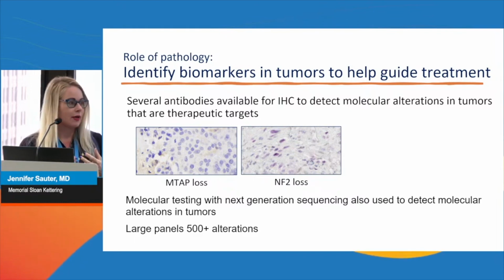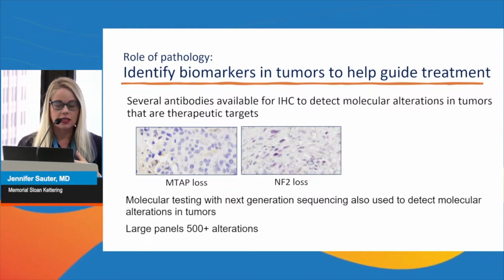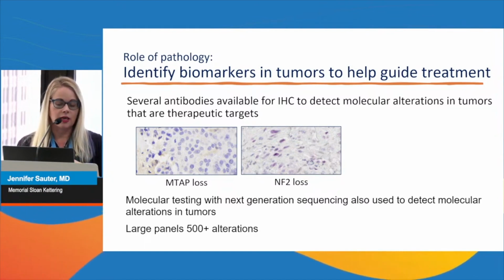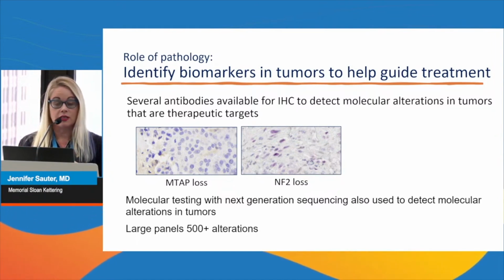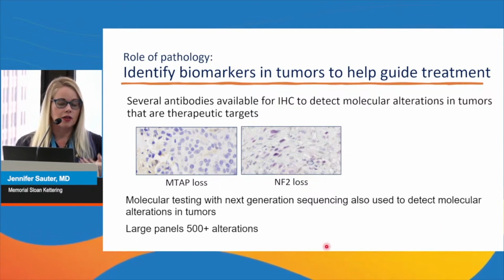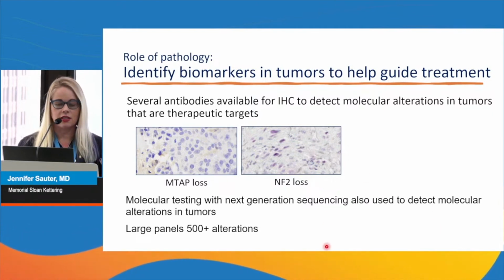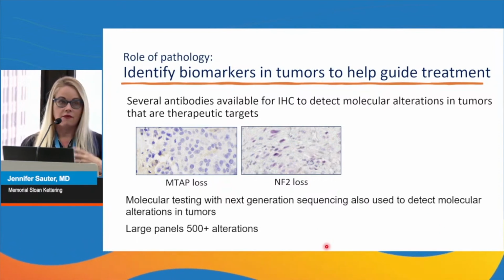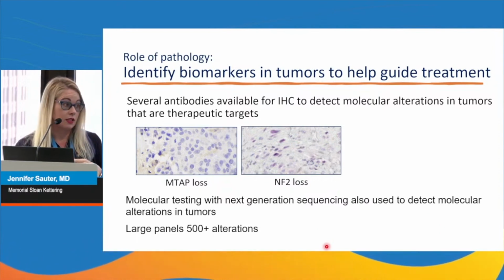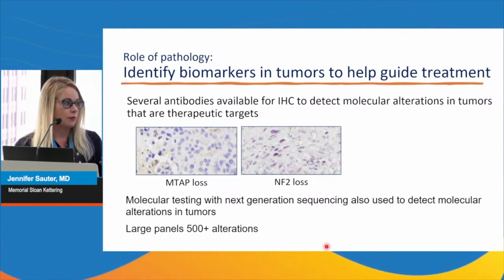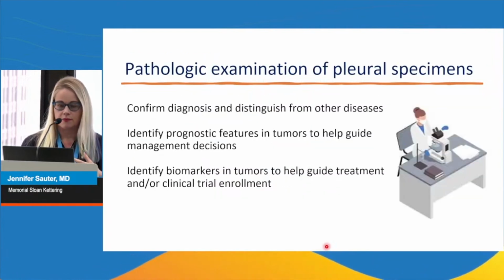So both MTAP and NF2 are potential therapeutic targets, so we can potentially help identify tumors that might respond to those treatments, both with immunohistochemistry, but also molecular testing. And so we have next generation sequencing panels that detect 500 plus molecular alterations in tumors that in the future could be potentially useful for targeted therapy.